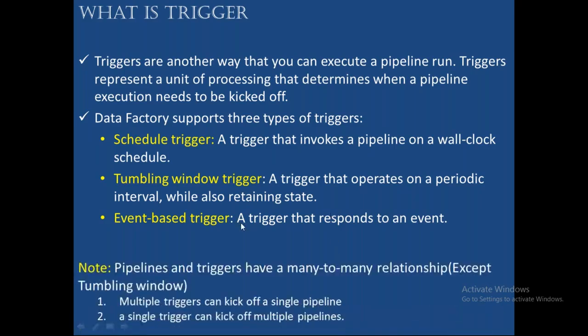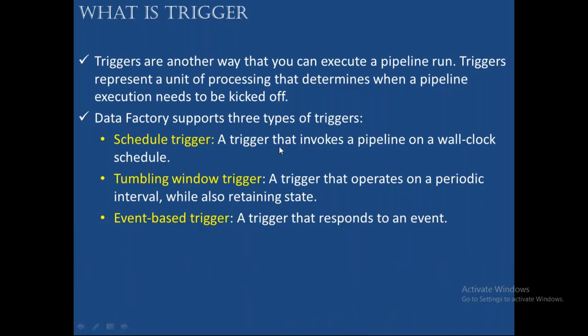Event based means it responds to events. A schedule trigger is a trigger that invokes a pipeline on a wall clock schedule. Maybe it's fixed: I want to run the pipeline at 4 o'clock, or at 8 o'clock. Retaining state means you will have the state, whether it succeeded or failed.